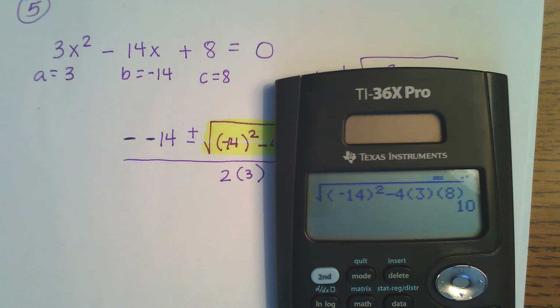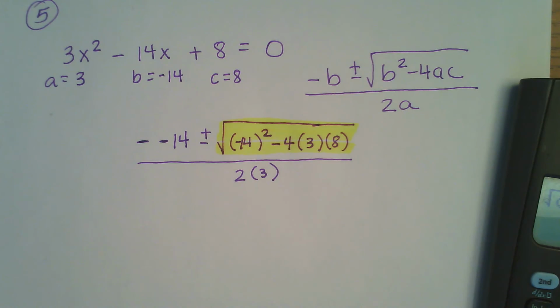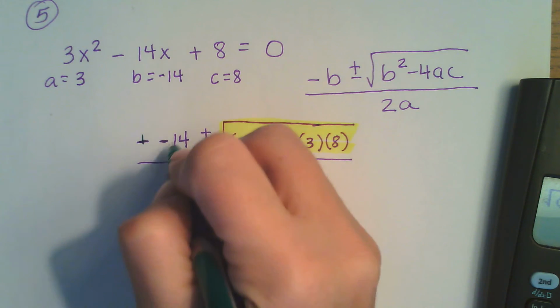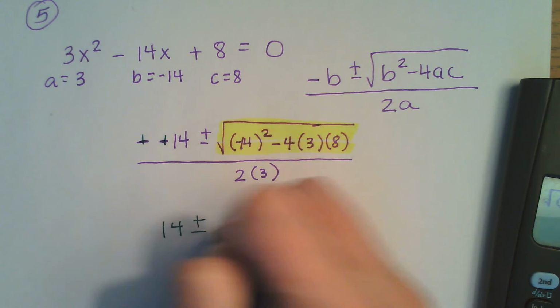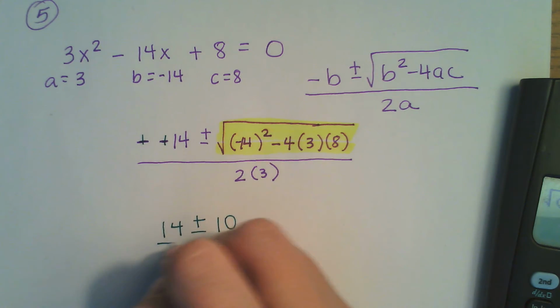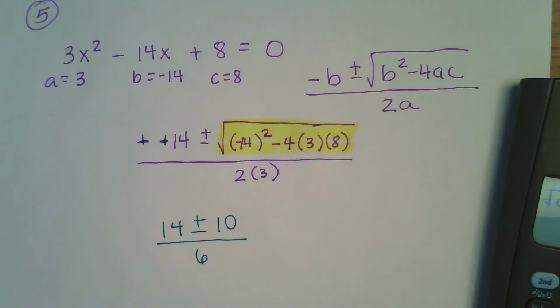Not in the square root, just a regular 10, no more square root. So I'm going to write that down. These negative times negative became positive 14 plus or minus 10 over 6.